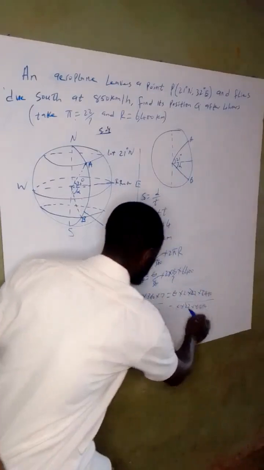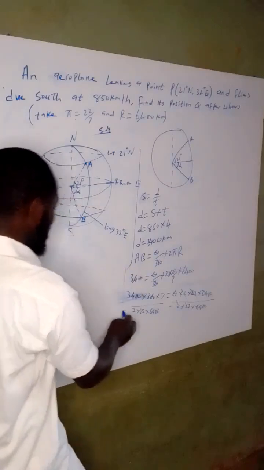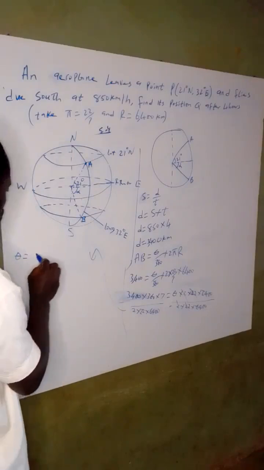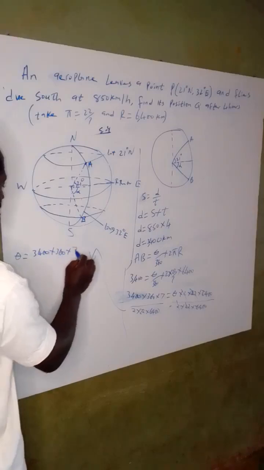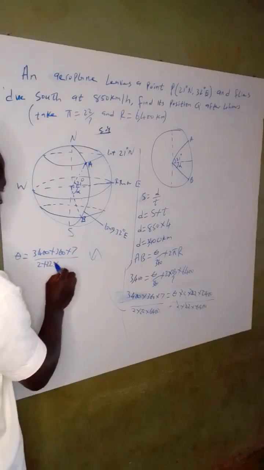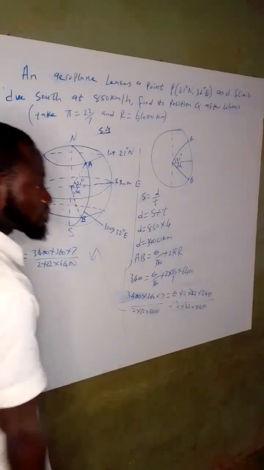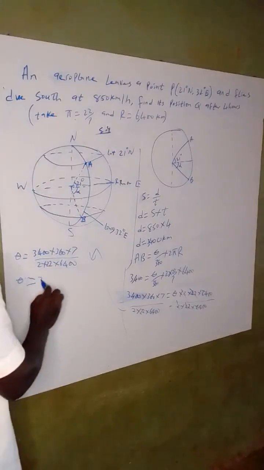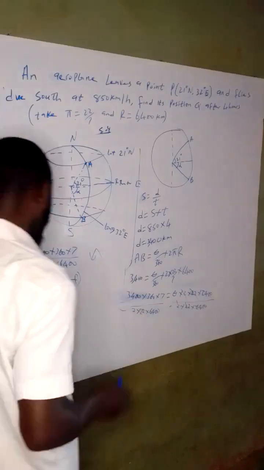This will cancel this, this, and this. That means our theta is equal to 3,400 times 360 times 7 over 2 times 22 times 6,400. If you press your calculator very well, you see that our theta is approximately 30 degrees to two significant figures.